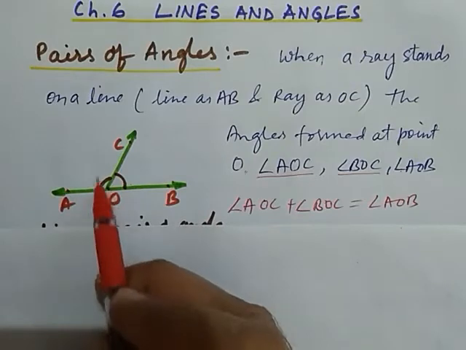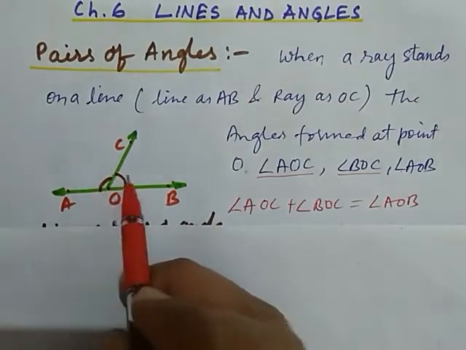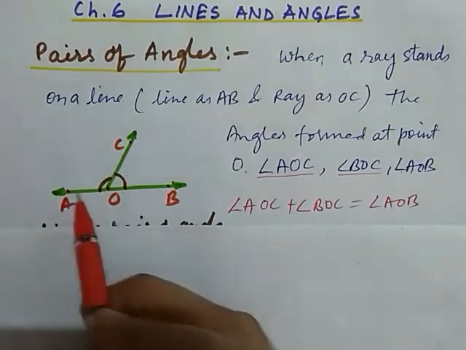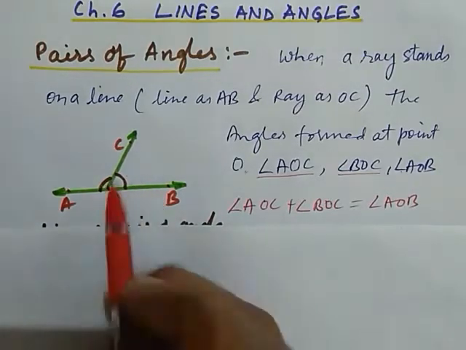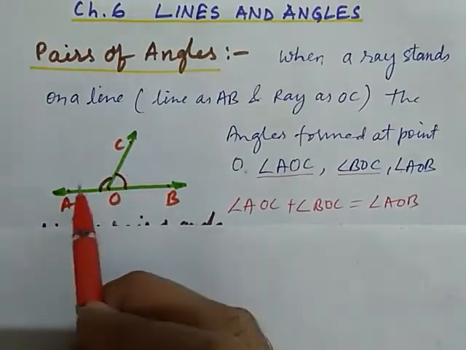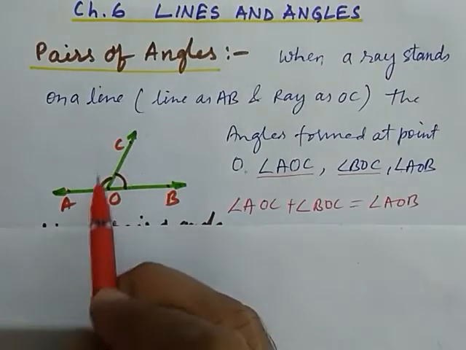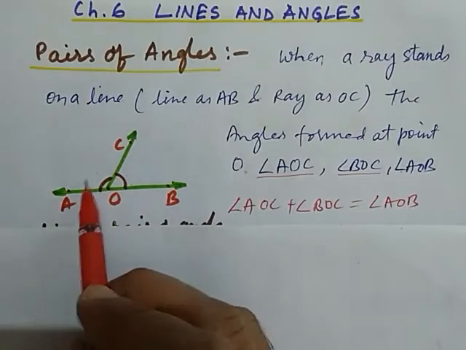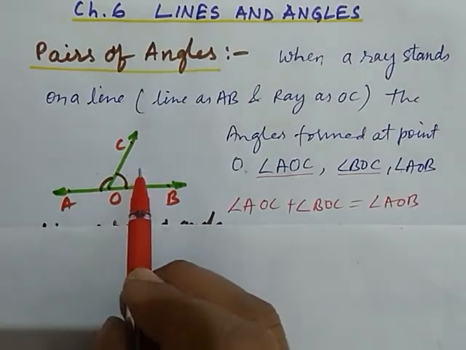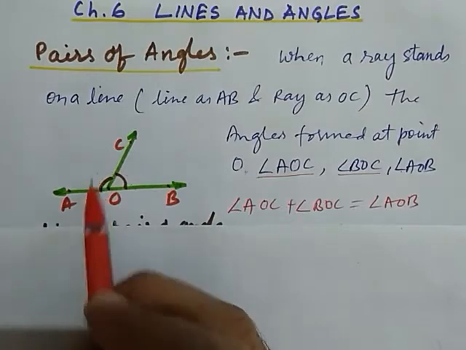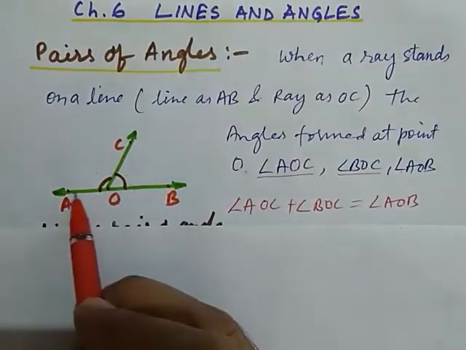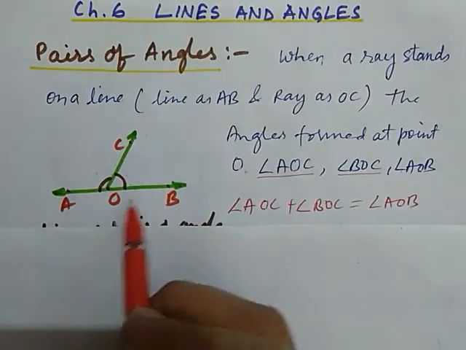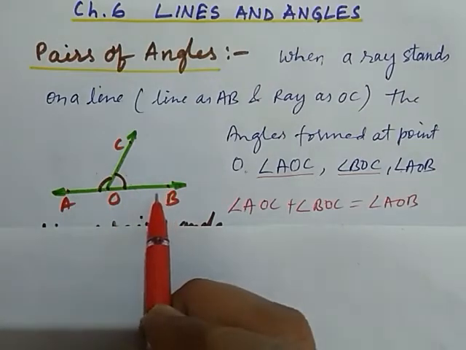This angle AOC and this angle BOC make the third angle AOB. So the sum of these two angles is equal to this angle, and this angle is a straight angle, that is 180 degrees. That's why the sum of these two angles is 180, and this 180 makes angle AOB a straight angle, that is, AOB is a line.